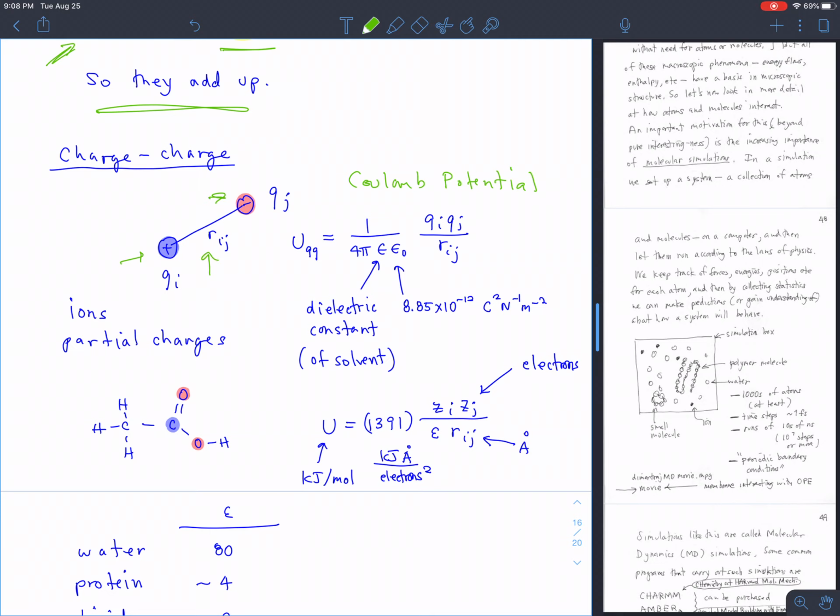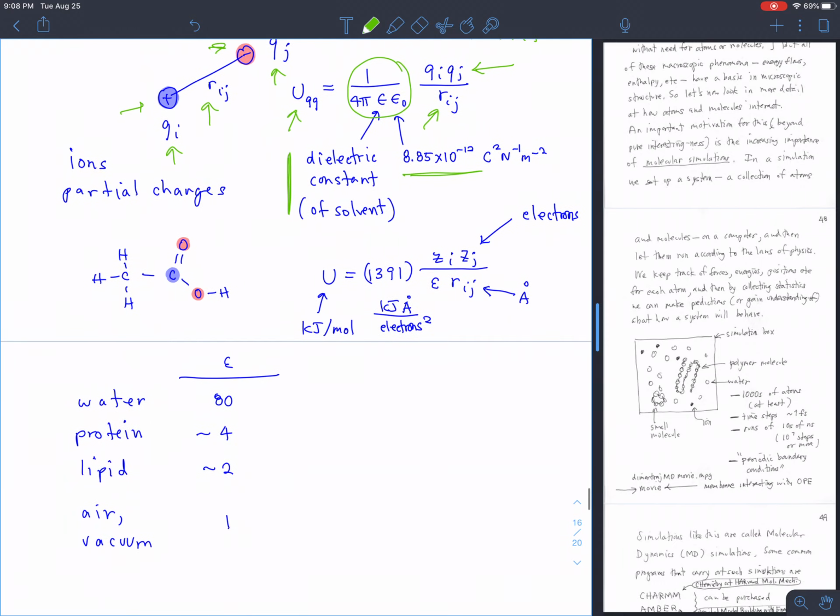So if I've got a distance between two charges, and the two charges are qi on one atom and qj on the other one, then the energy of interaction between those two depends on how far apart they are and what their charges are. And then there's all these constants out in front, and I give the value of those constants. The only thing that's really important in those constants is this thing called the dielectric constant, and we'll talk a little bit more about that further down.